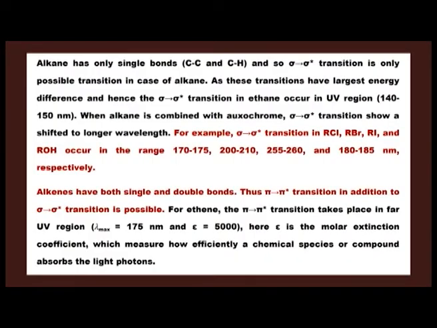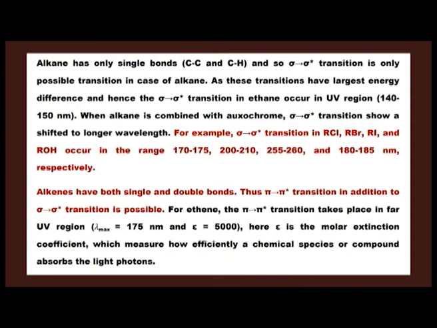Alkane has only single bonds, C-C and C-H, and so the sigma to sigma star transition is the only transition in the case of alkane. As this transition has the largest energy difference, the sigma to sigma star transition in ethane occurs in the UV region at 140 to 150 nanometer.